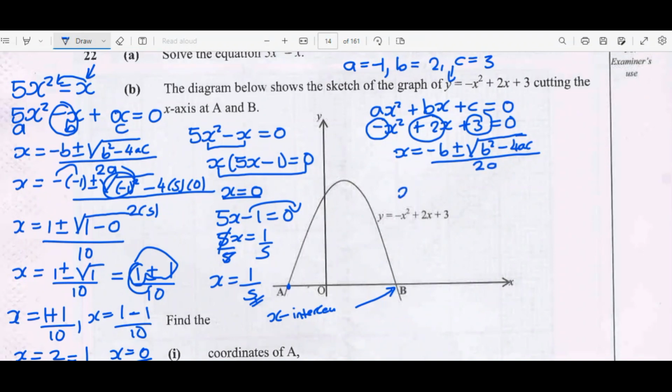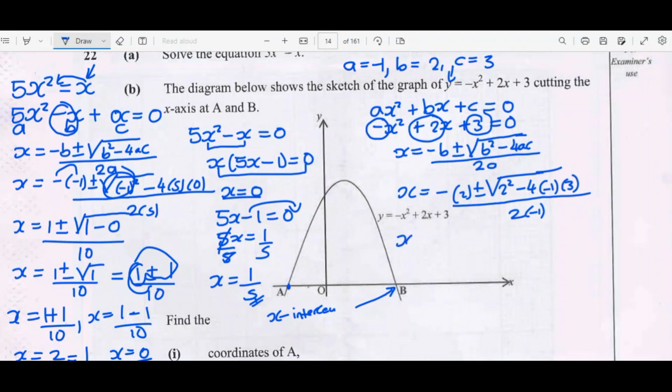We can now substitute. So b is 2, our a is -1, then our c is 3, divided by 2 times -1.